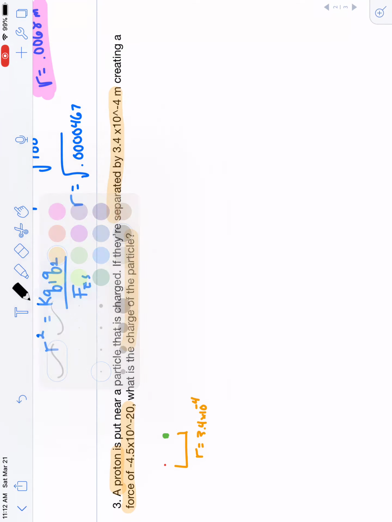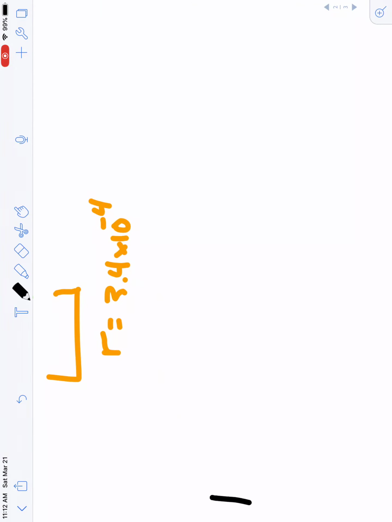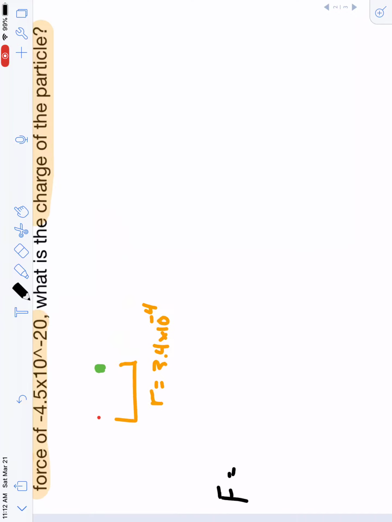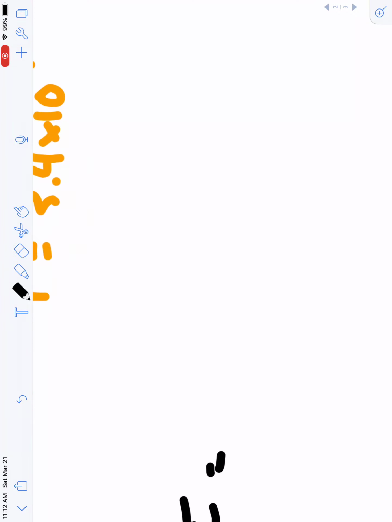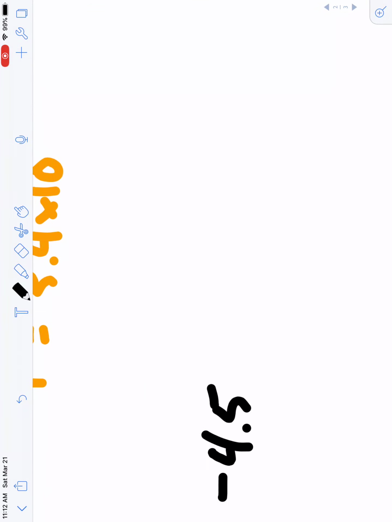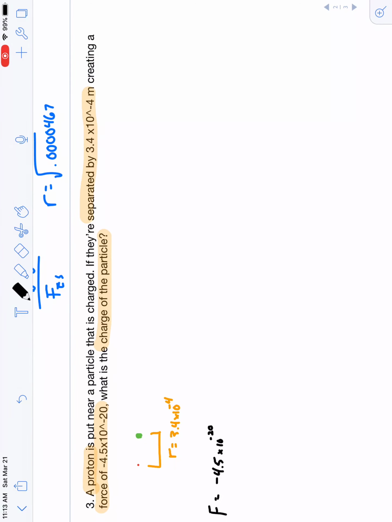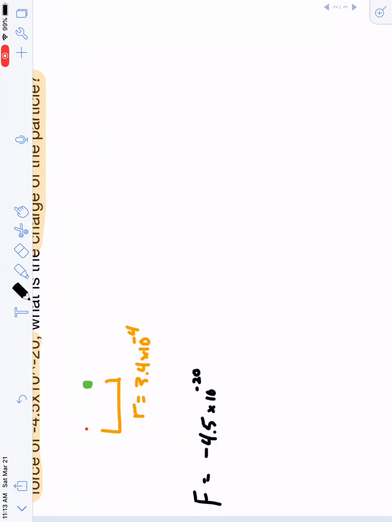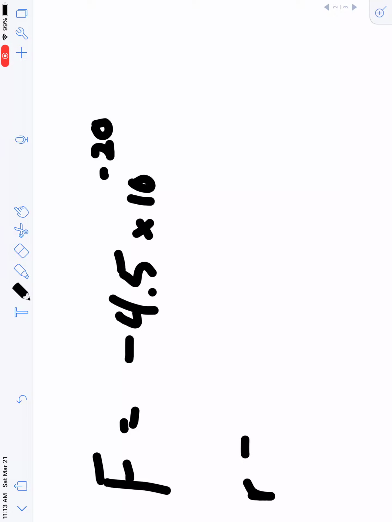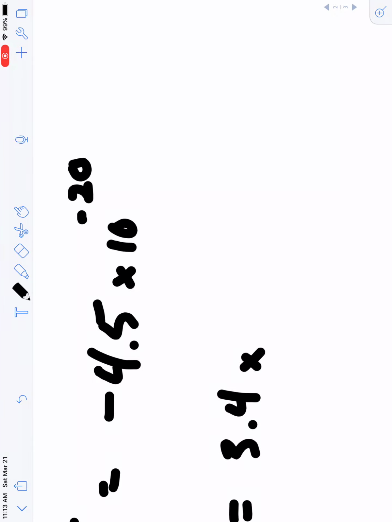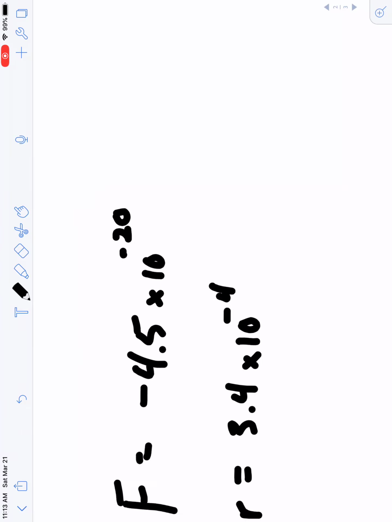So I'll go ahead and write all of the information out. F equals negative 4.5 times 10 to the negative 20th power. R is 3.4 times 10 to the minus 4.